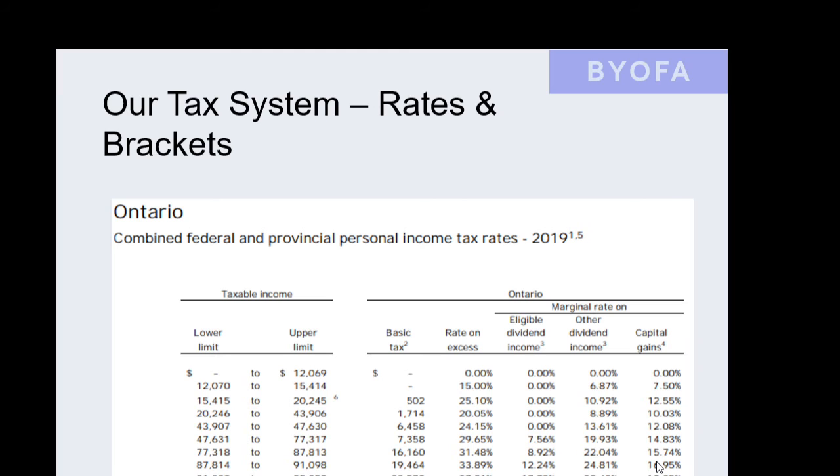The taxable capital gain is 1/2 the capital gain. So in this example, I got a $40,000 capital gain, I would have a $20,000 taxable capital gain, and my income would be boosted then by $20,000, the taxable capital gain.